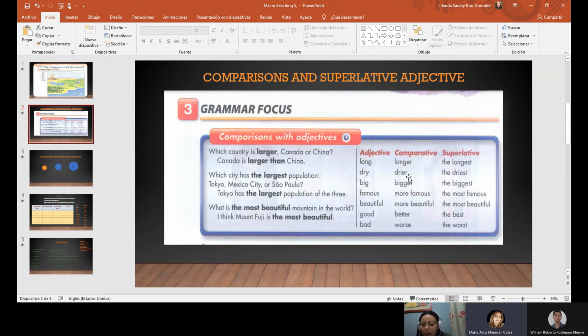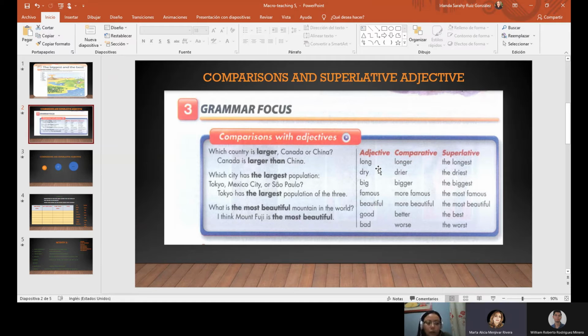As we can see, remember that comparative and superlative adjectives are used when making a comparison between two things or groups of things. A group of more than three things, in this case, is a superlative, and a comparison of two things we are going to call comparative.